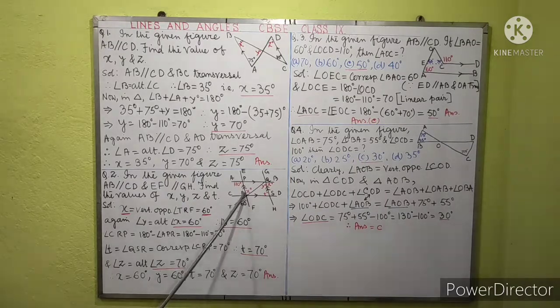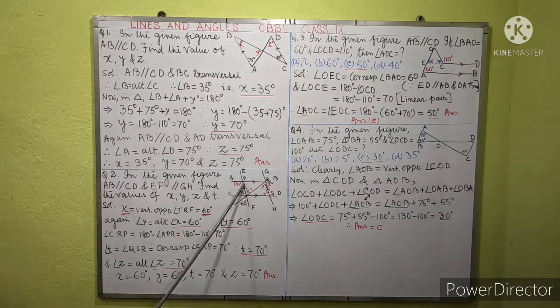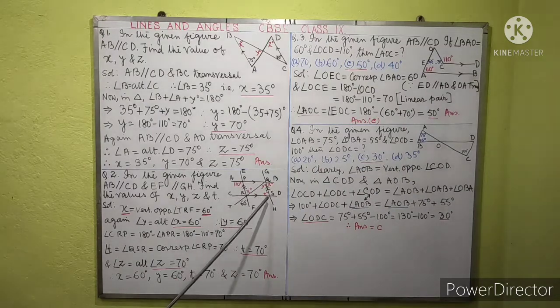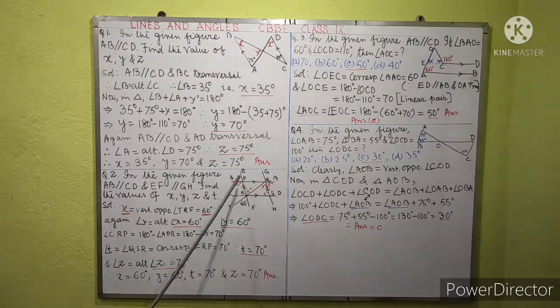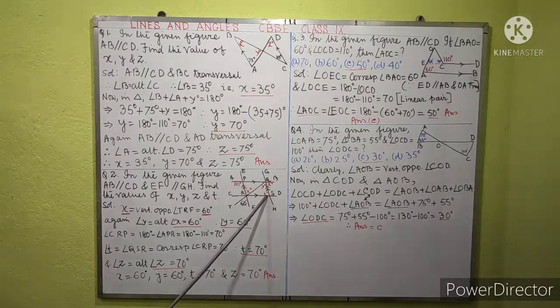Angle R equal to 70 degree. Since R equal to 70 degree, this angle QSR, that is T, equal to corresponding CRP. So angle T will also be 70 degree.